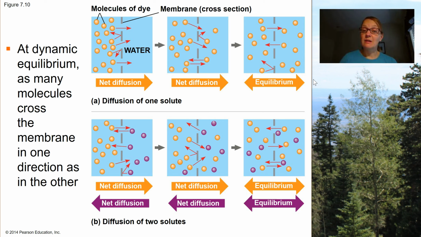Even though, if you think about it, the dye molecules are still moving at equilibrium. They're still bouncing around. But for every one dye molecule that moves to the right-hand side, another one is going to cross to the left, maintaining that equilibrium or that equal balance and concentration of the dye molecules on both sides of the membrane.